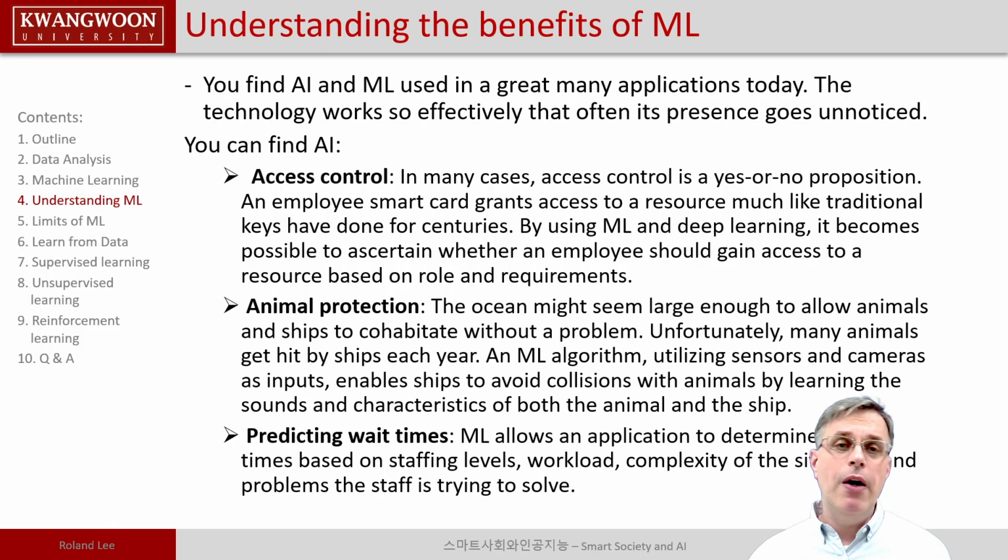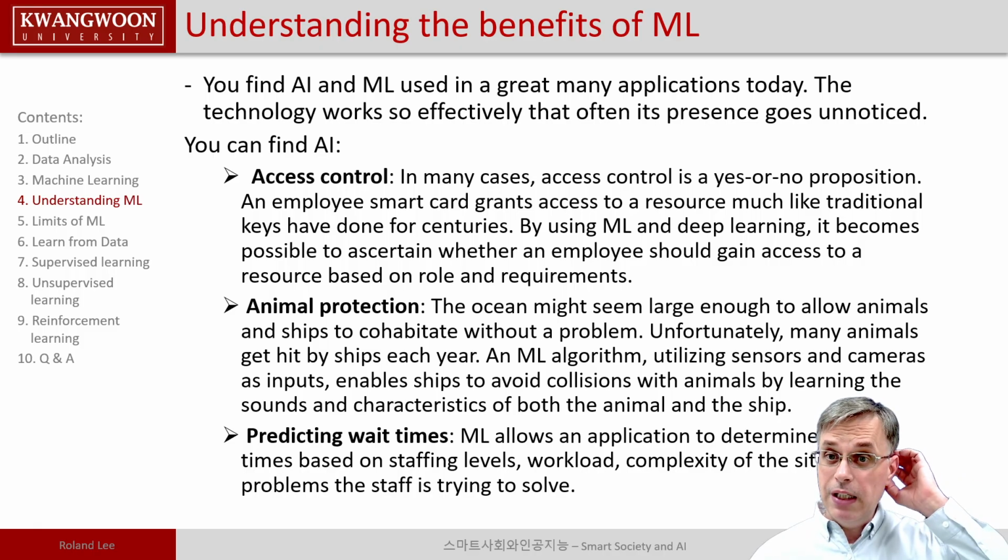An employee smart card grants access to a resource, much like traditional keys have done for centuries. Though some locks do offer the capability to set times and dates that access is allowed, such coarse-grained control doesn't answer every need.